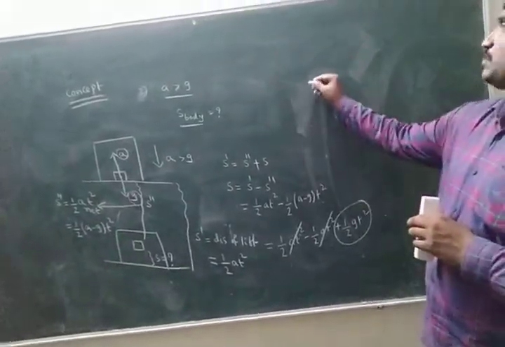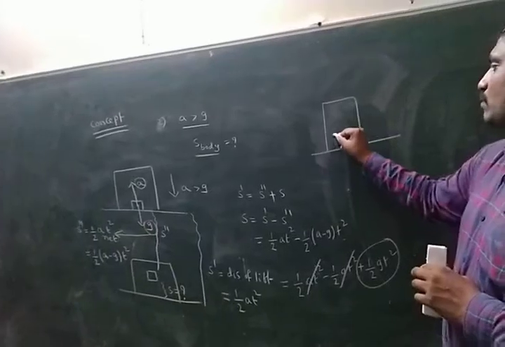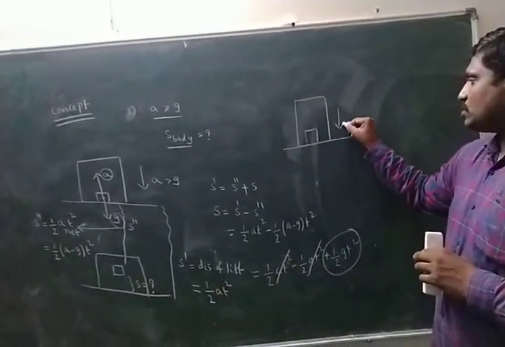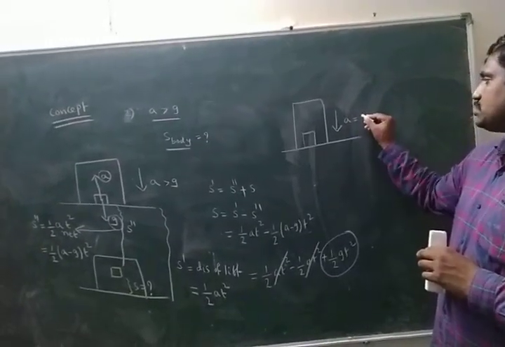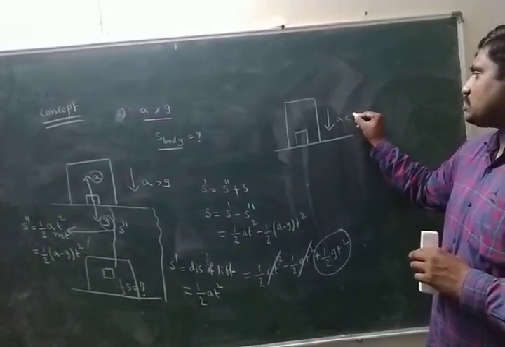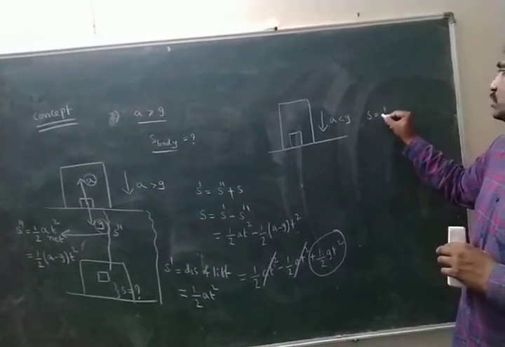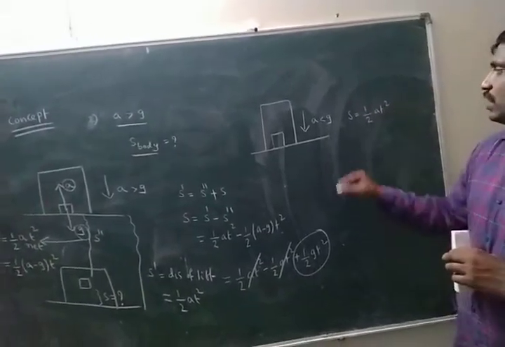Once again I repeat, this is the lift, and a body is placed inside the lift. The lift is initially at rest and after some time it descends. If its acceleration is less than g, the displacement of the body is half at square.